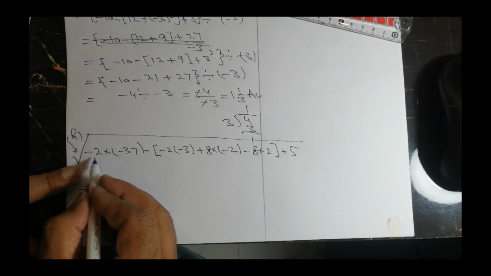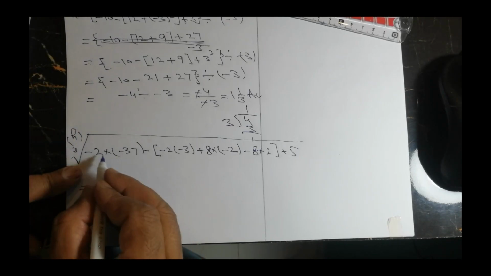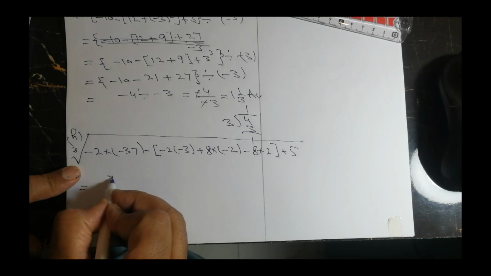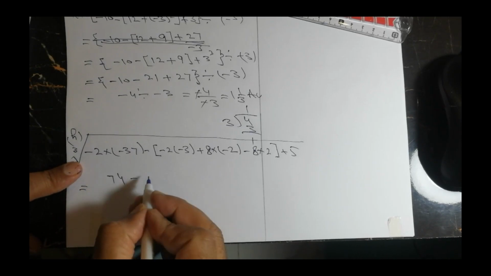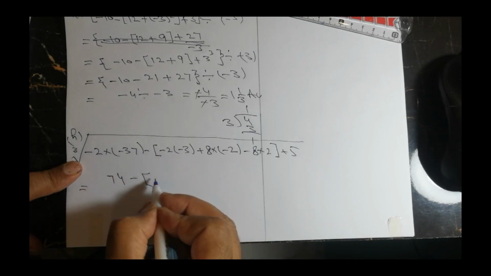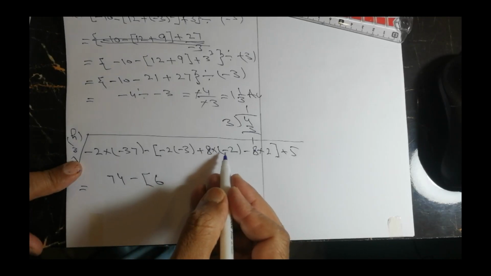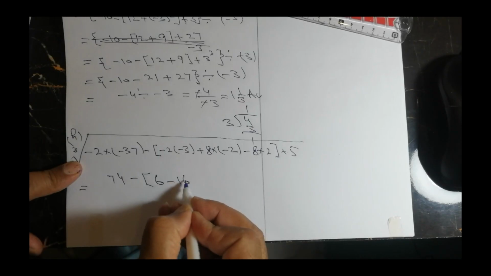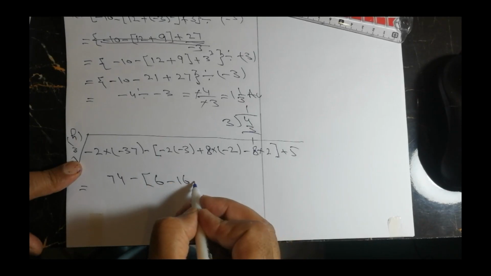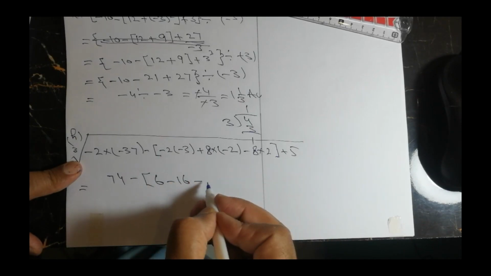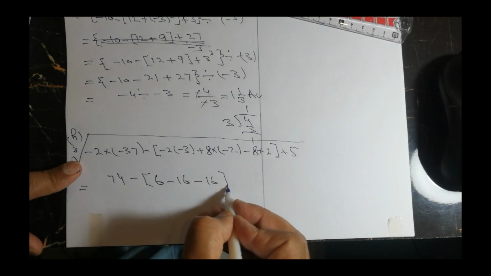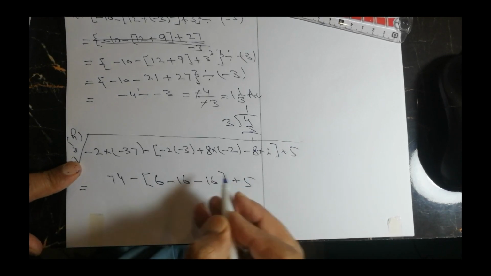That will be equal to minus 2 into 37, minus minus is plus, this is 74, and minus 2 3s are 6, and 8 into minus 2 is minus 16, minus 8 into 2 is 16, plus 5.